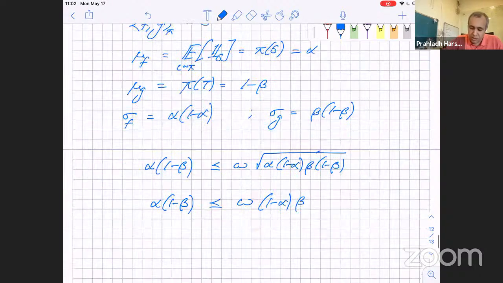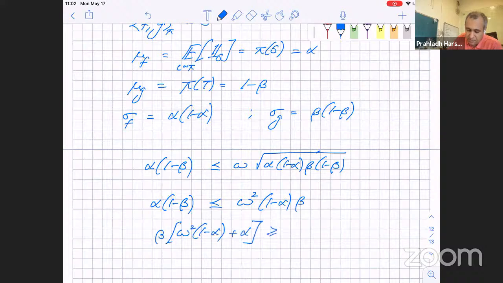I want to put a bound on beta size, sorry, omega square. So I want to say beta into omega square (1 minus alpha) plus alpha is greater than or equal to alpha.